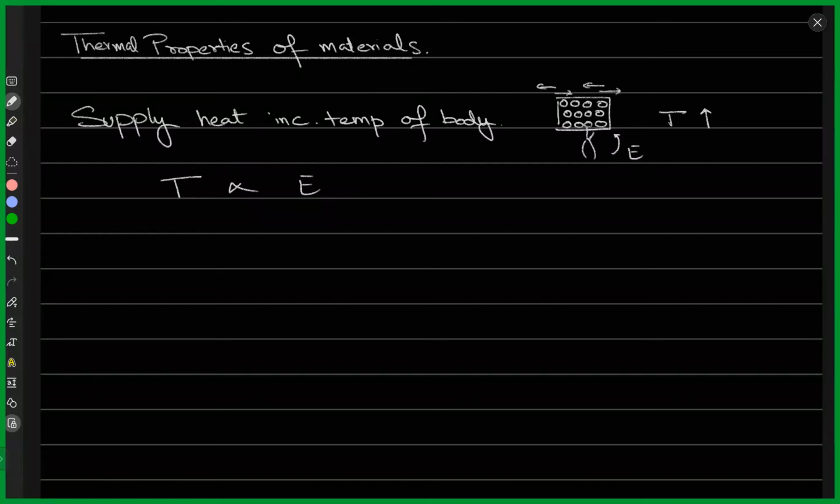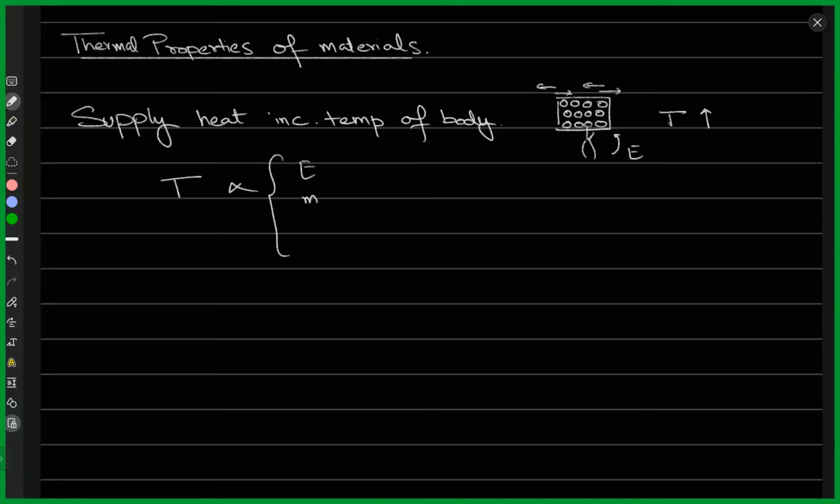What does it depend on other than energy? It also depends on mass, because the more stuff there is in this object, the more atoms there are, and the more atoms start vibrating, the more the temperature would increase.